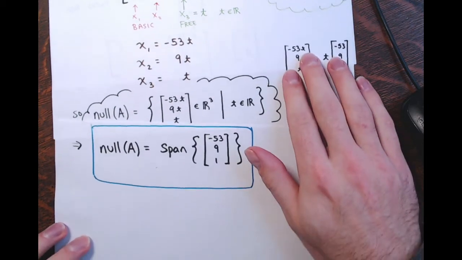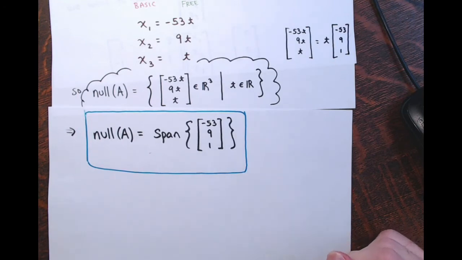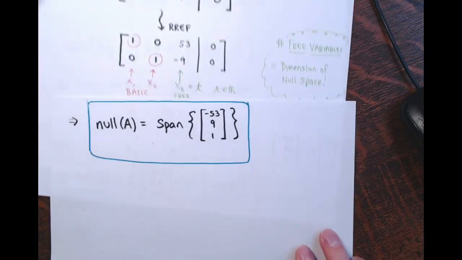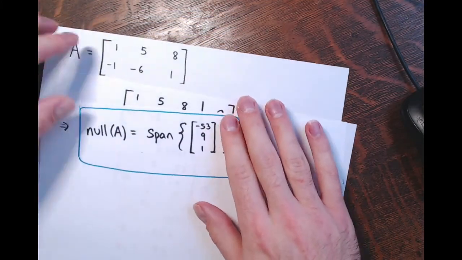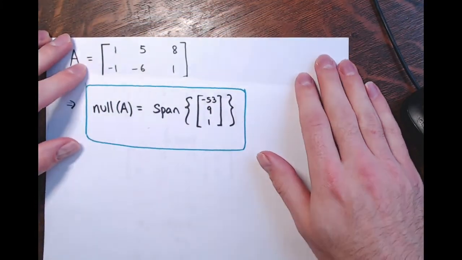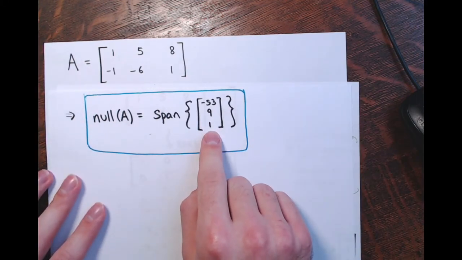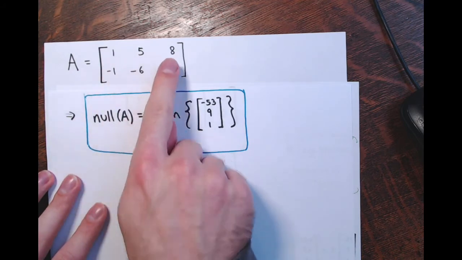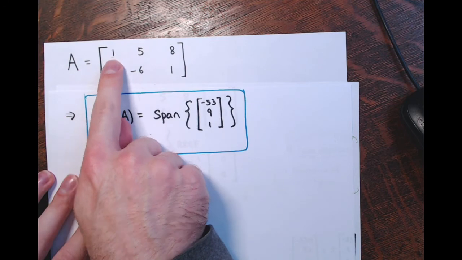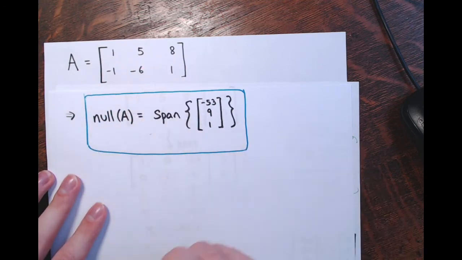All right, and then you can check this out if you want. Take matrix A, this matrix we were given, and multiply it by this vector. You should get the 2 by 1 0 vector. First row times this, dot product: you get negative 53 plus 45 is negative 8, plus 8 is 0.